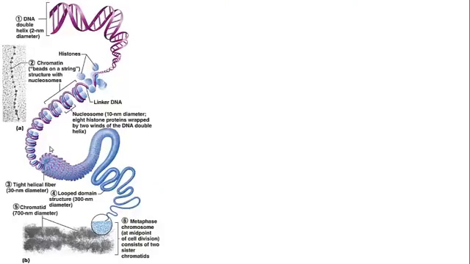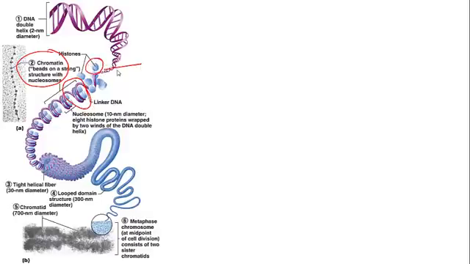So our next slide now is showing chromatin here. And the chromatin really you can kind of think of it like the thread which would be on a spool of thread. So the spool that it's on is actually a structure called a histone.